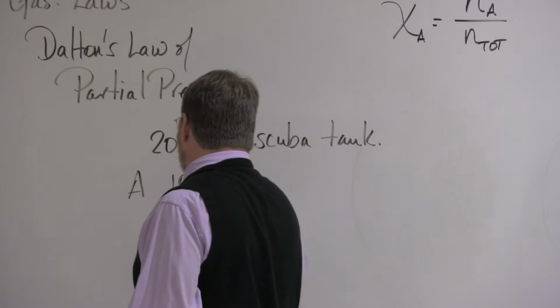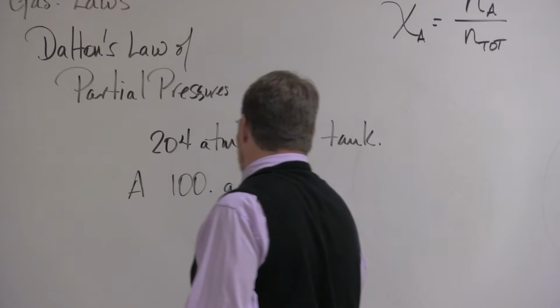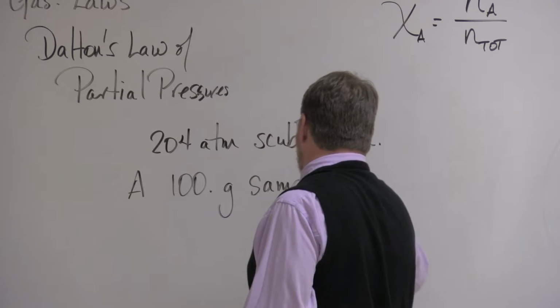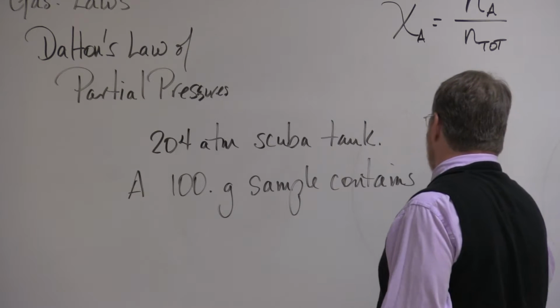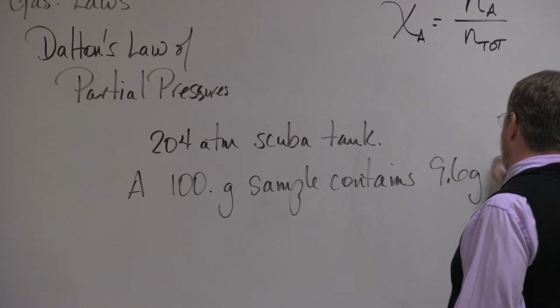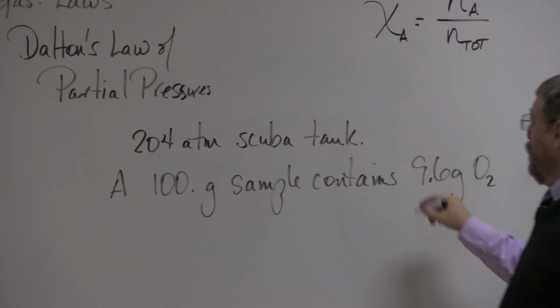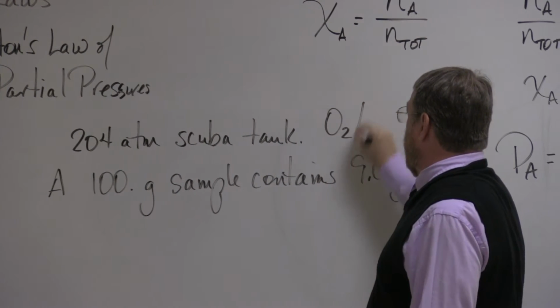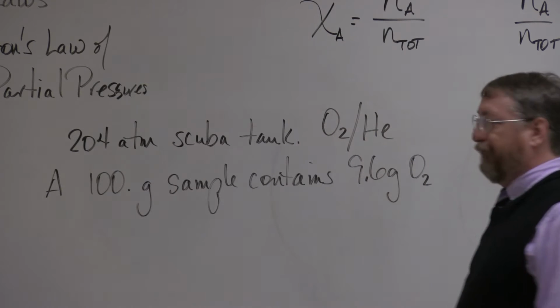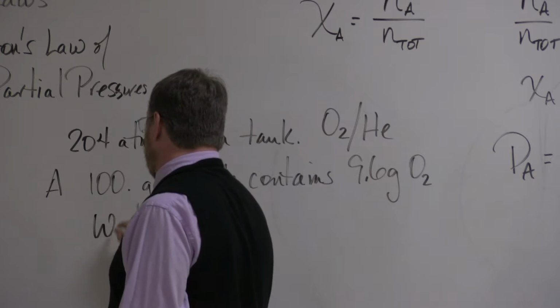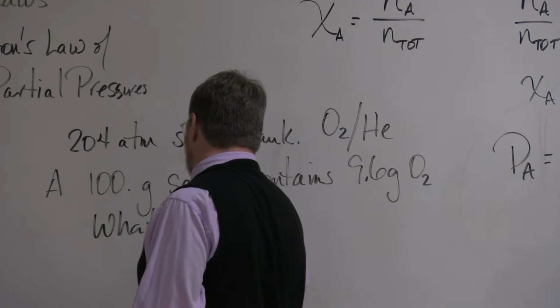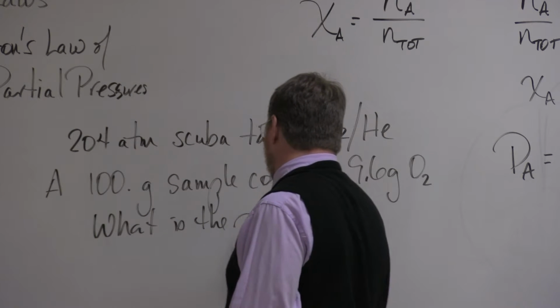A 100-gram sample contains 9.6 grams of oxygen. We know the mixture is oxygen and helium. We want to determine the partial pressure of oxygen, and from that, we'll know the partial pressure of the helium.